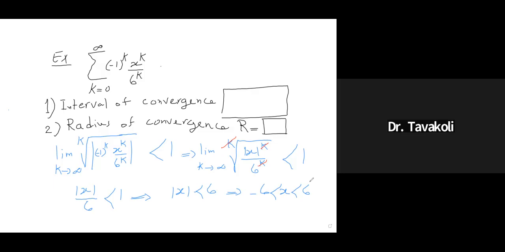So the interval of convergence is the open interval from -6 to +6. The radius of convergence is obviously 6 because the center of this interval is 0, and 0 is 6 units away from the endpoints of this open interval.